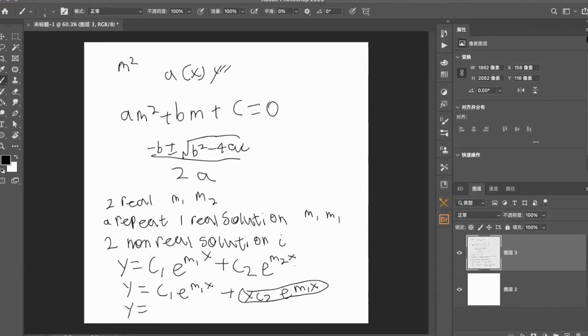There is a general solution to it, and for a complex number, up to this point, just remember this equation. Say you have the roots alpha plus b i and alpha minus b i.